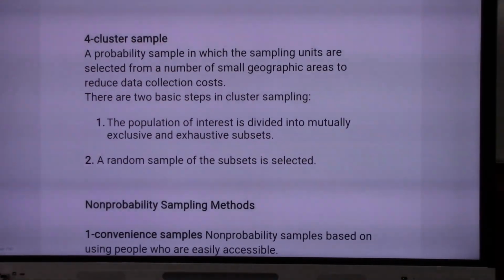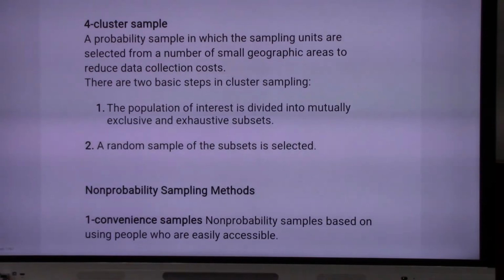The first step is defining the population of interest and dividing it into mutually exclusive and exhaustive subsets. The second step is to select randomly sample elements from the subsets or the groups of the population.